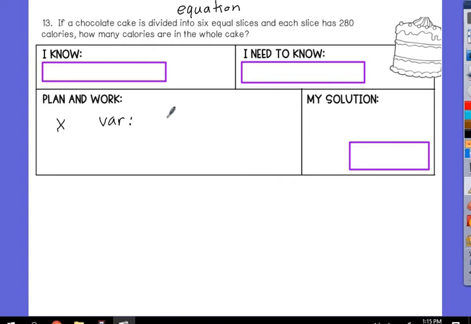What's another word for whole? Total calories in cake. That's my unknown. That's what I'm looking for.